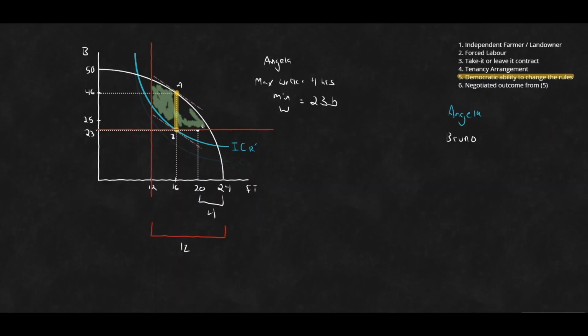Everything above that minimum wage, to the right of the number of hours that we are allowed to work max, above our indifference curve, but below our production possibility frontier. So anywhere in there is a possible combination of free time and wage available to us.